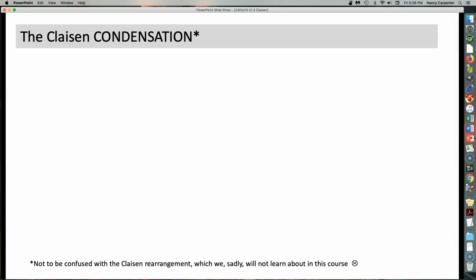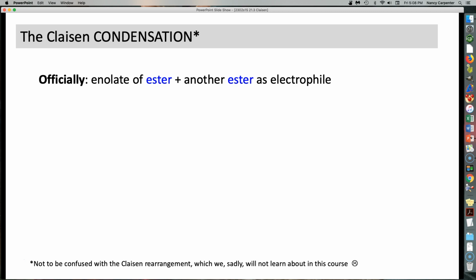All right, so this is called the Claisen condensation. Be forewarned that there are Claisen condensations and Claisen rearrangements, and we will not learn Claisen rearrangements, so just forget about that. The Claisen condensation officially is the enolate of one ester reacting with another ester as the electrophile.